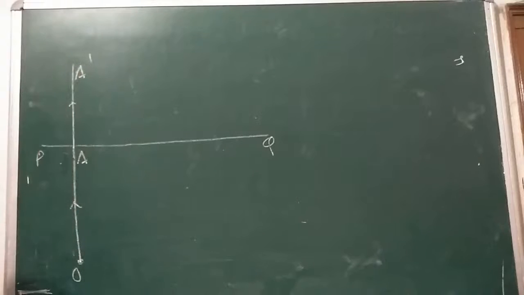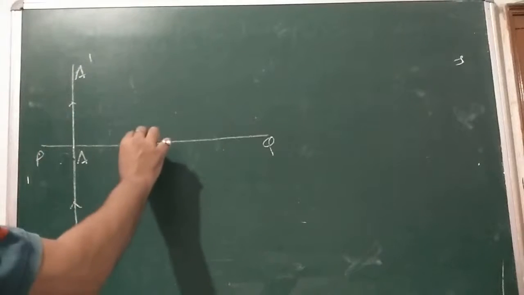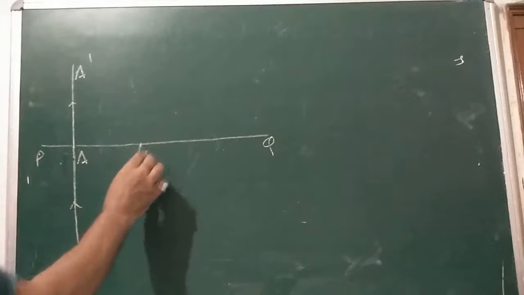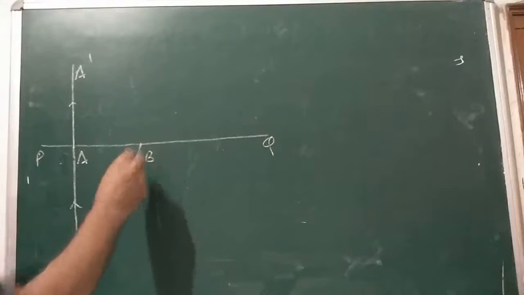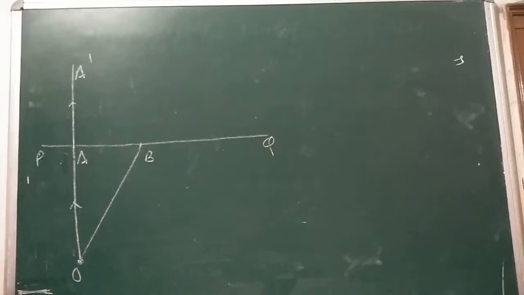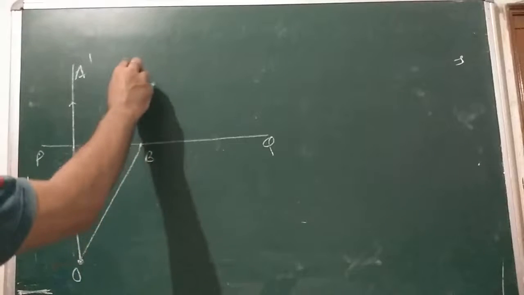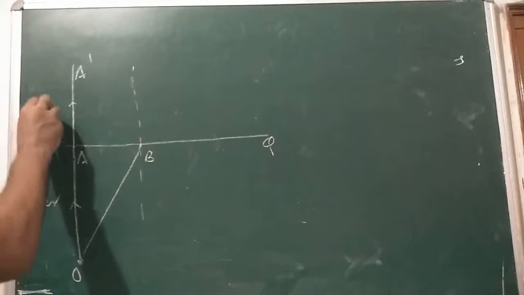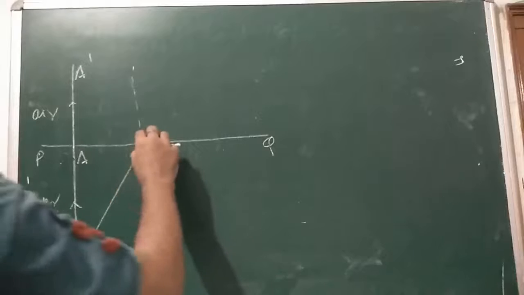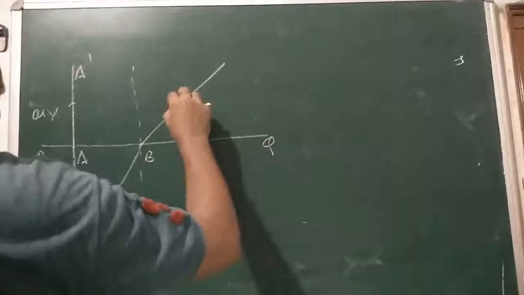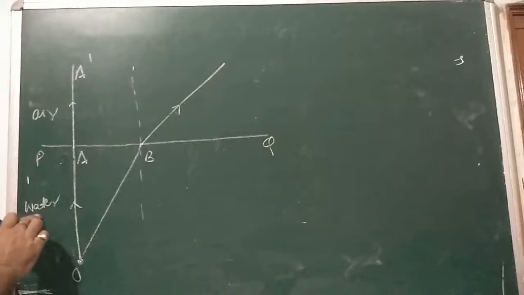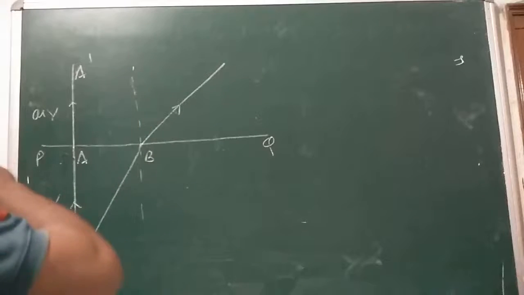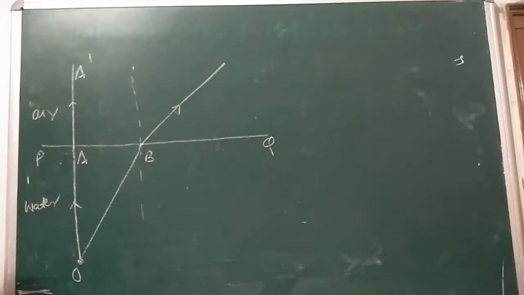Another ray OB, this is B, incident at an angle I. Here is the normal. The ray going from water medium to the air medium will bend away like this. Once the ray is going from denser to the rarer medium, it will bend away from the normal.